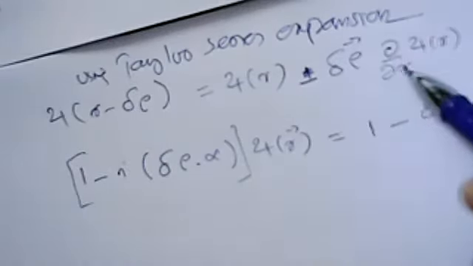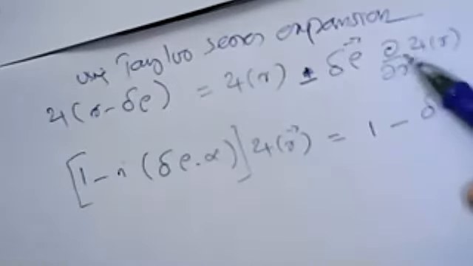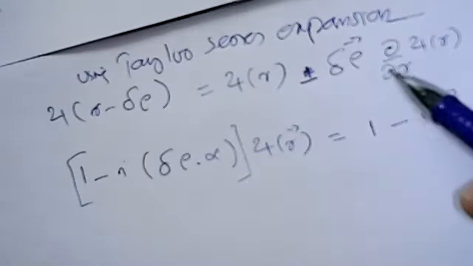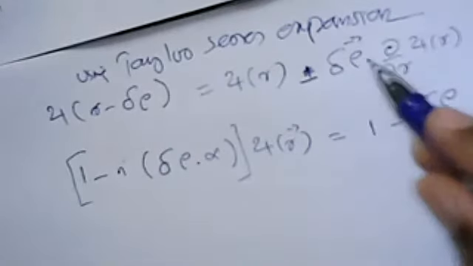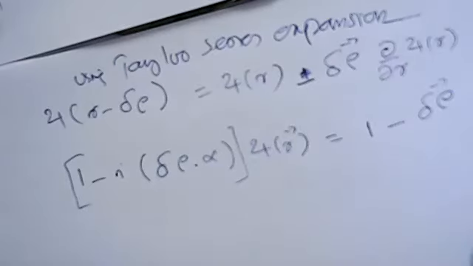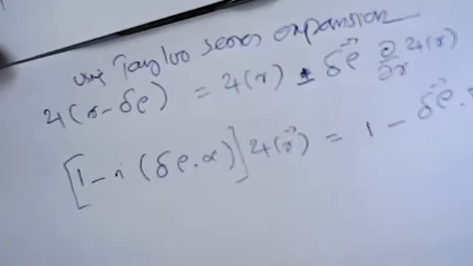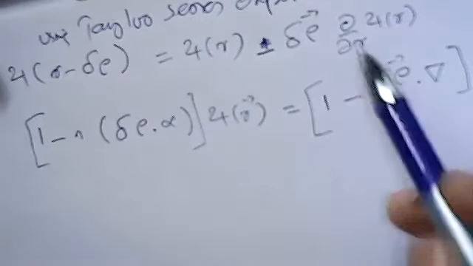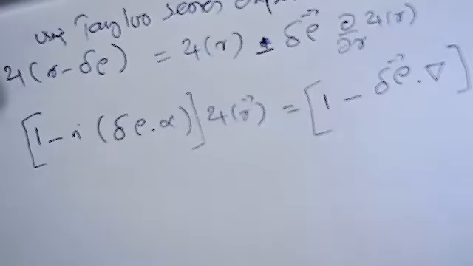Instead of this dou by dou r, you can write the del operator. It's very careful coordinates. Okay, r theta phi, or you can write the del operator. Since it is only in one dimension, it is d by dr. If it is three dimension, it becomes del. Okay, so delta rho into del. Okay, now psi of r you can take outside. So instead of dou by dou r, we have written del. So delta rho dot del into psi of r.